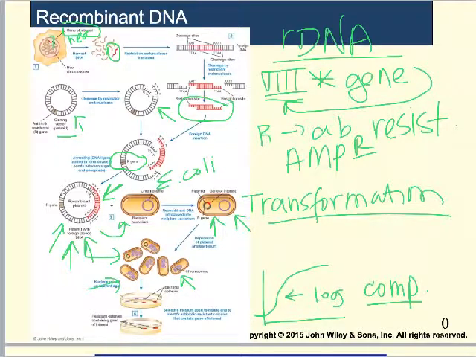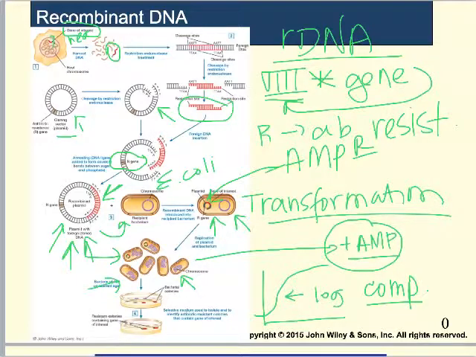The plasmid has antibiotic resistance in it. So you take all of these and put them on media that has AMP. If they don't have the plasmid, they're not going to grow, and if they do have the plasmid, they're going to grow.